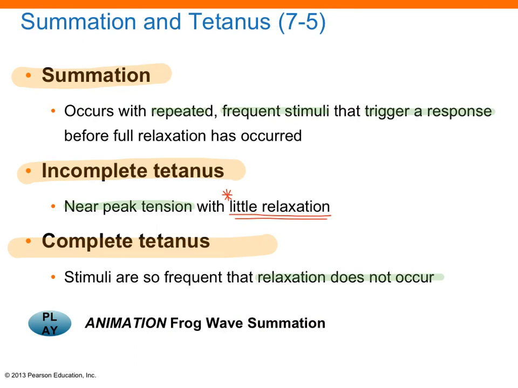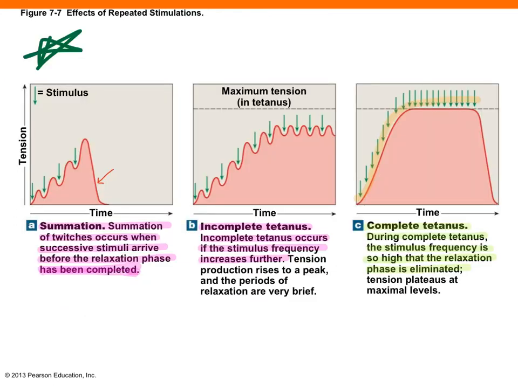There's something called summation and tetanus. Summation occurs with repeated frequent stimuli that trigger a response. This is another test question. Incomplete tetanus. It's near peak tension with little relaxation. And then complete tetanus is that the stimuli are so frequent that relaxation does not occur. This you need to know.